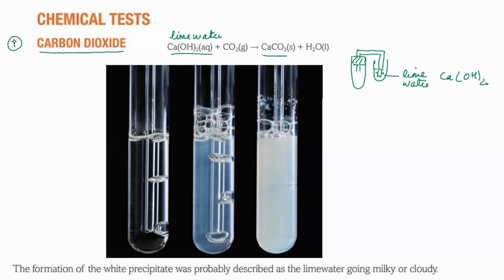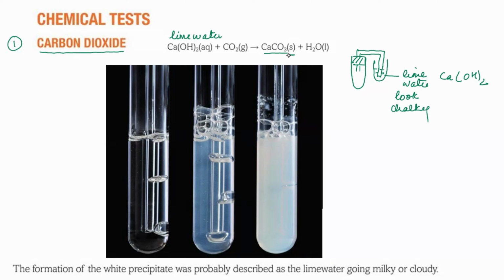So when carbon dioxide reacts with this, we get calcium carbonate, and calcium carbonate is a solid compound, so it will precipitate out. We can see its solid state symbol. When a substance we get as a product is a solid, we call it a precipitate. The precipitate of calcium carbonate will make the lime water look chalky or milky white.